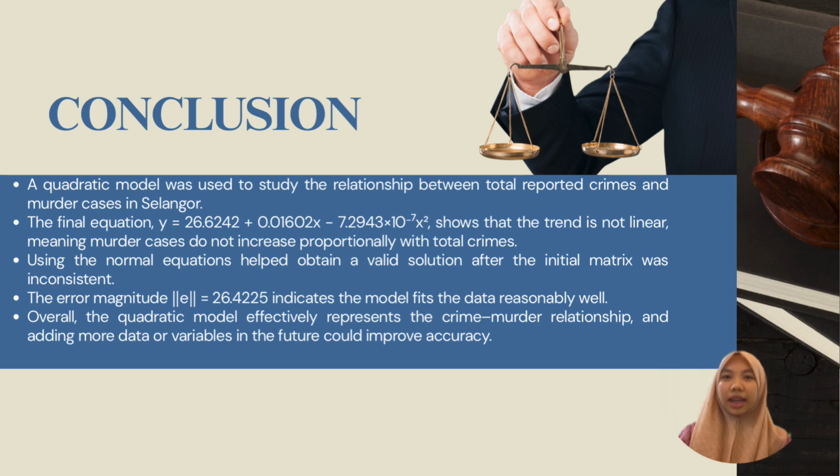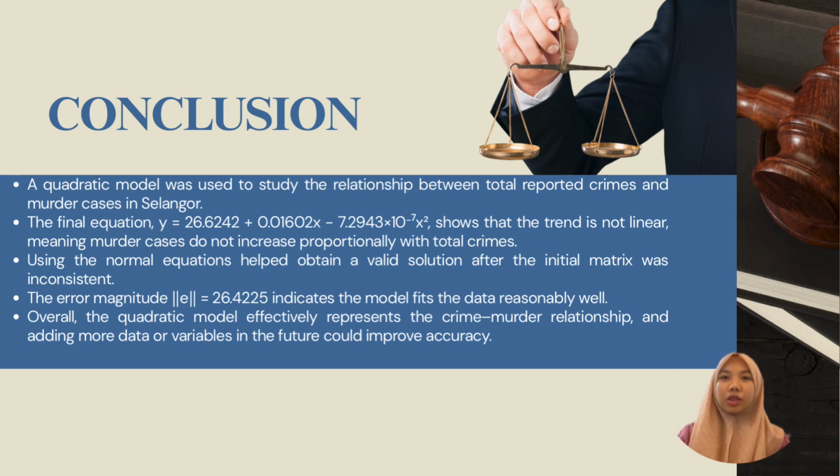It shows that the trend is not linear, meaning the murder cases do not increase proportionally with total crimes. Using the normal equation can help to obtain a valid solution after the initial matrix was inconsistent.